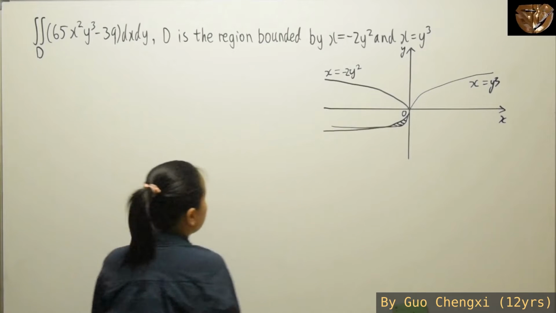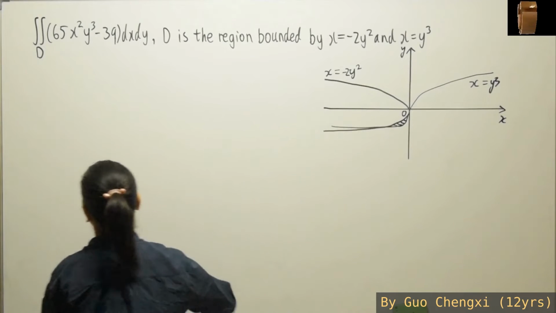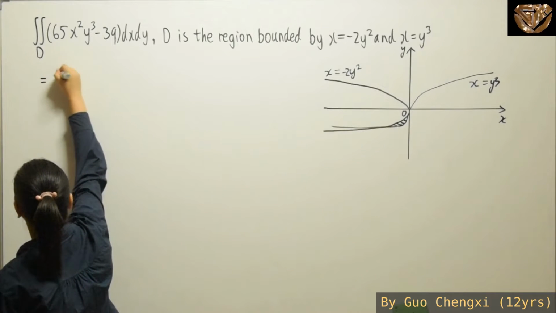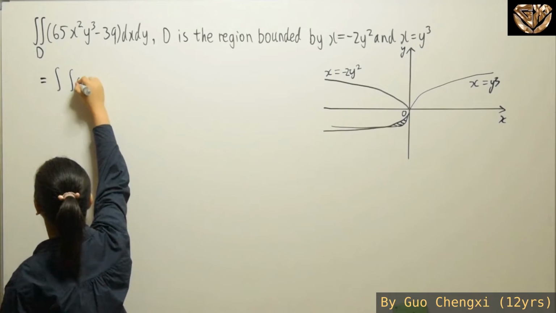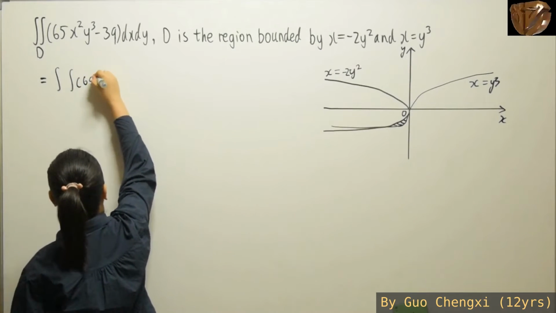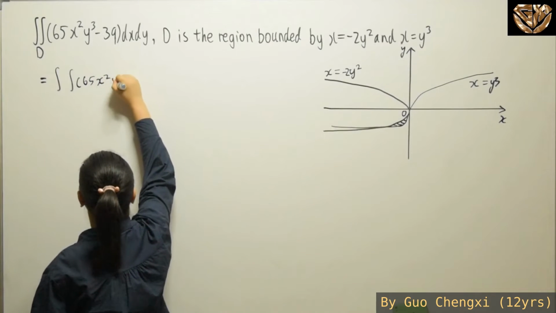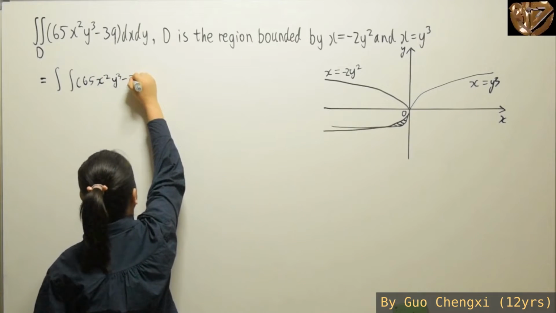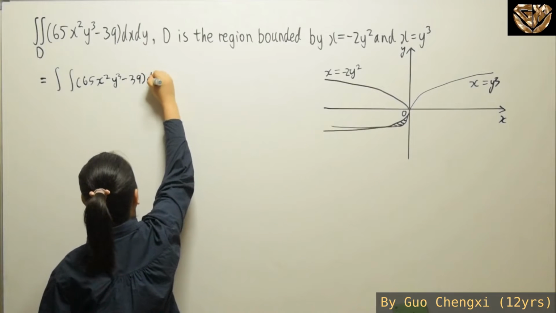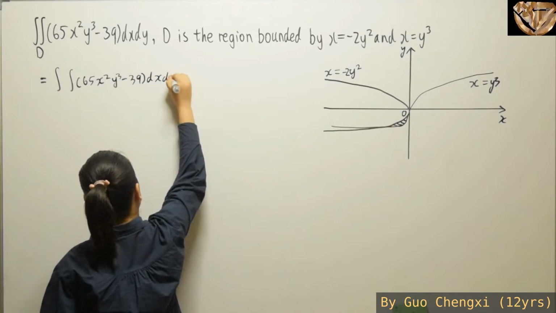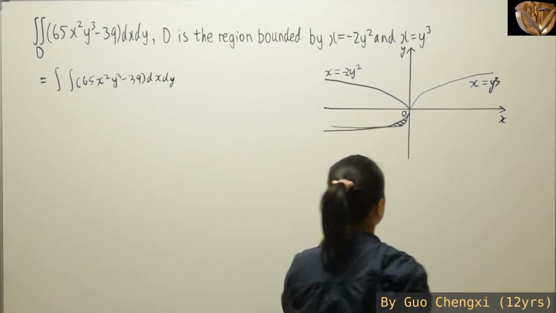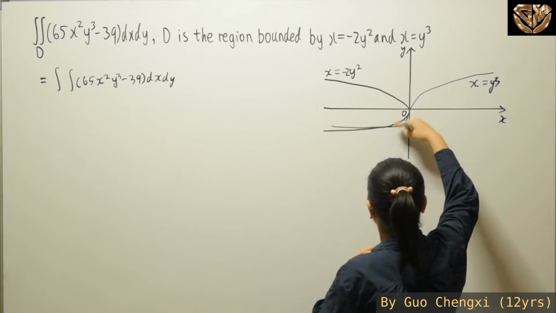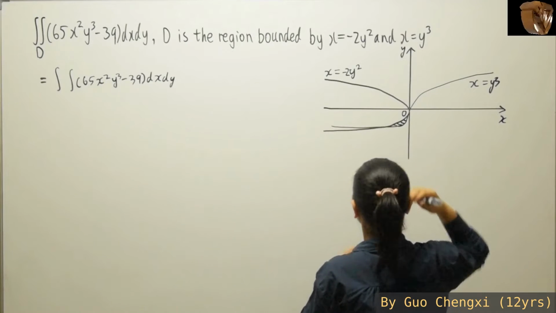Now that we have our area bounded, how are we supposed to find our boundaries? In this case I am going to integrate with respect to x first, though you can try integrating with respect to y first, it's your choice.